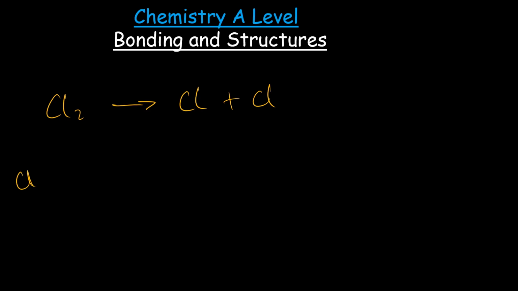Chlorine has a configuration of 2, 8, 7, so we're going to draw the configuration of this atom.